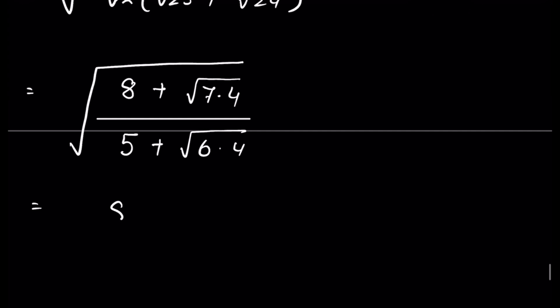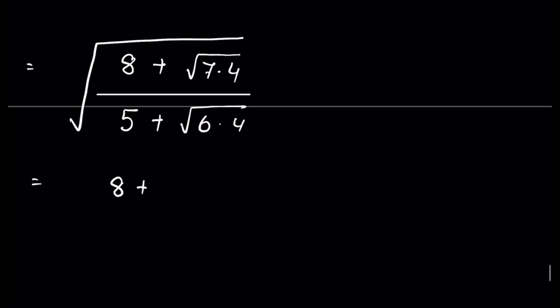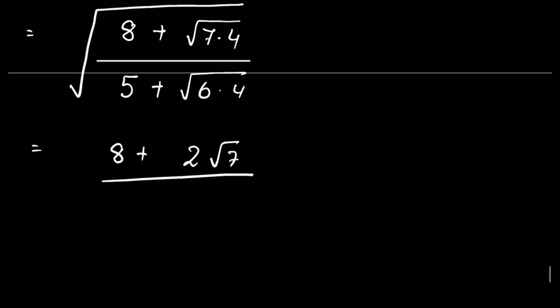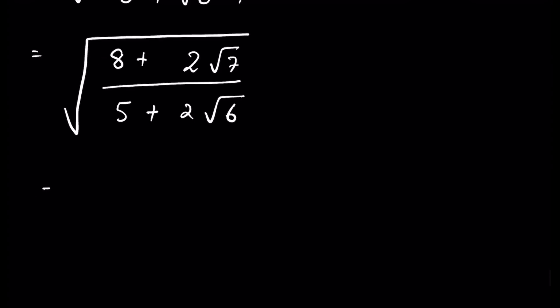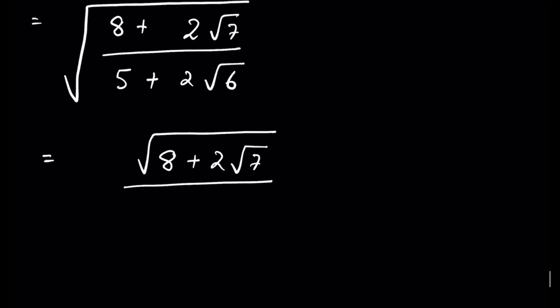So this is 8 plus square root of 4 times square root of 7, or we can simply write 2 times square root of 7, upon 5 plus 2 times square root of 6. Or we can also write it as 8 plus 2 times square root of 7 under square root upon 5 plus 2 times square root of 6 under square root.